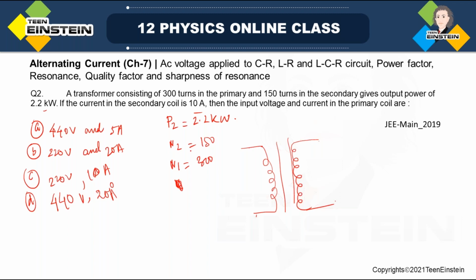These are the points given, and one more thing, the current through the secondary coil is 10 ampere. Now you have to find out the input voltage and input current. That means you have to find out I1 and V1.